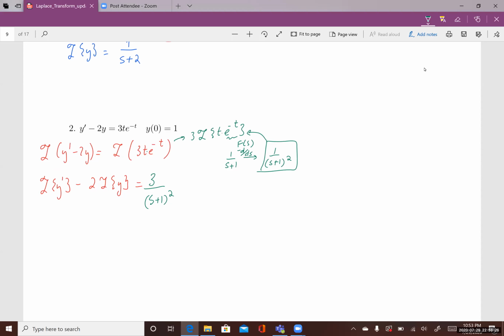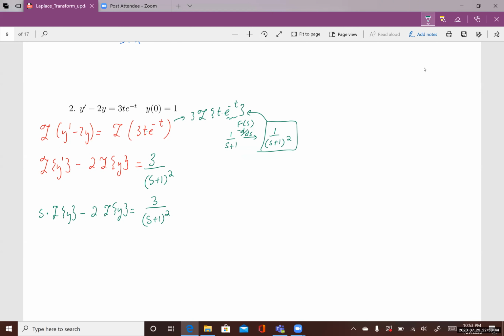Okay, and from here we know that the Laplace transform of y prime is s times the Laplace transform of y, minus 2 times the Laplace transform of y equals 3 over s plus 1 squared. Then we solve for the Laplace transform of y, and we group it together. So you're going to have s minus 2 equals, oh, I'm missing something. I'm missing f of 0 here.